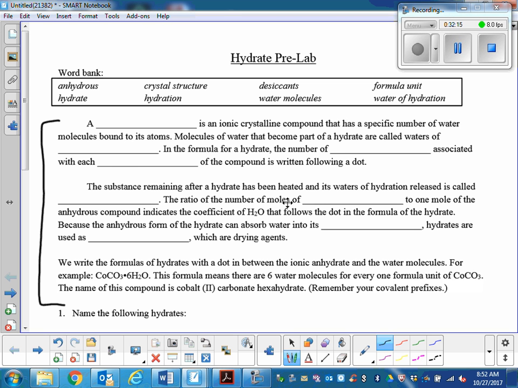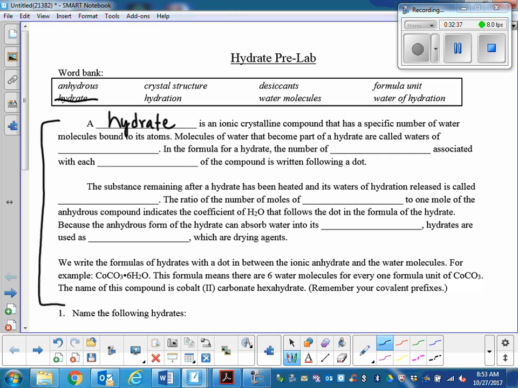bound to its atoms. A hydrate is an ionic crystalline compound that has a specific number of water molecules bound to its atoms. Molecules of water that become a part of the hydrate are called waters of, Tori?